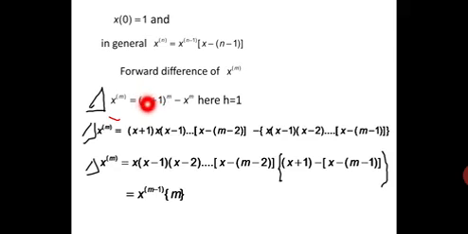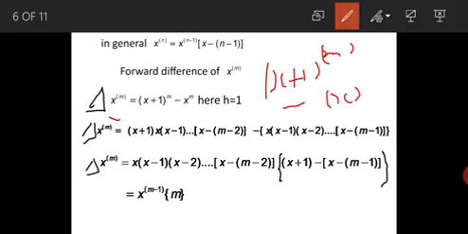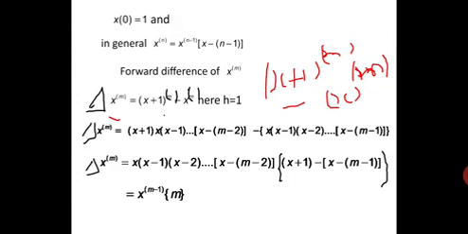It should be f of x plus 1 factorial m minus x factorial m. That is, it should be x plus 1 factorial m minus x factorial m, like this. The brackets are not displaying here, it should be with brackets, right? In this way we can represent it where h equals 1.